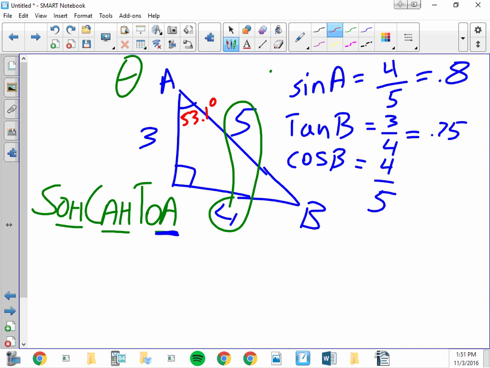So if I go to my calculator, and it's actually 53.13 degrees. If I ask the calculator what the sine of 53.13 is, I should get about 3/4. Now, there's more decimal on there, so we're going to be off by a little bit.